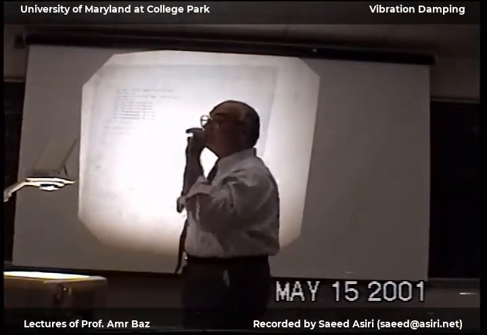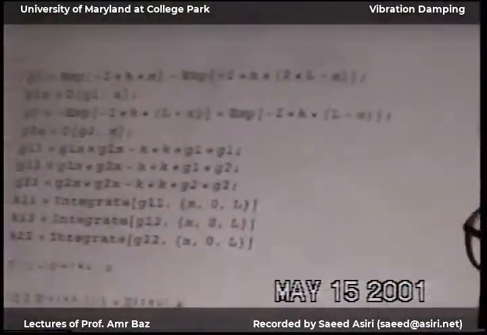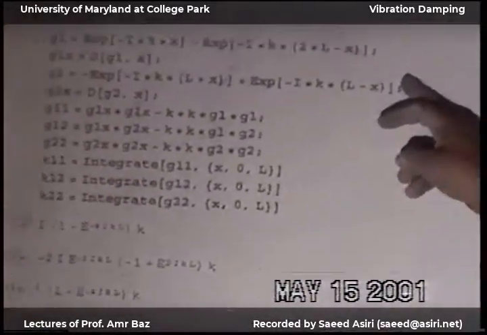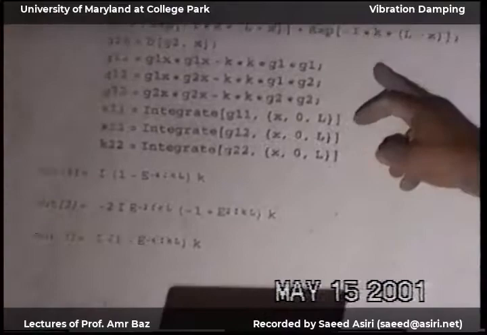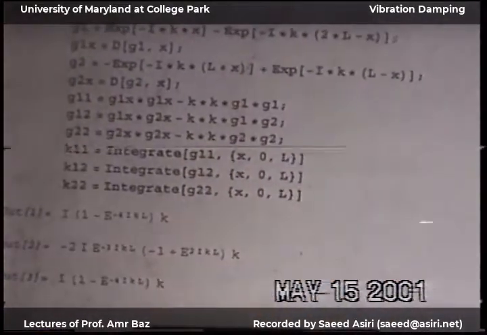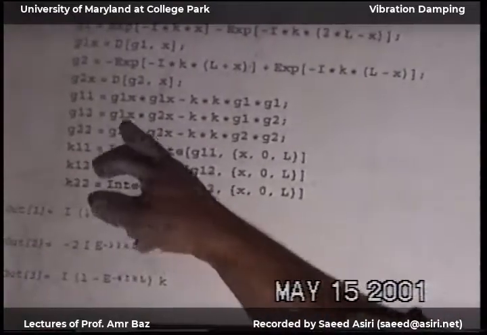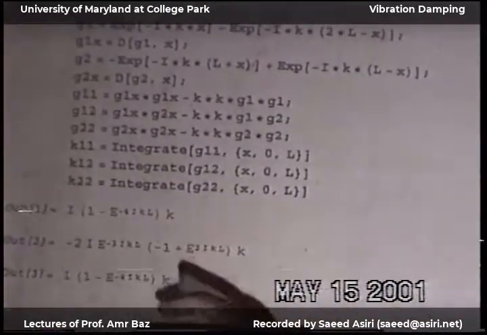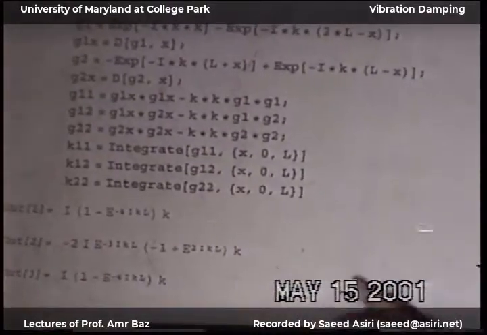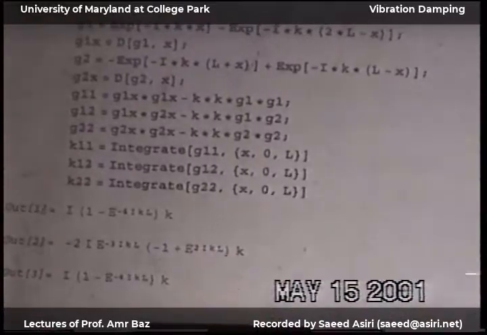This is the Mathematica program, for example. I put here the description of G1 and G2 and their differentiation, so I can calculate the first term, and then that's the result of this multiplication. This is the k squared term, and then we print the elements of the stiffness matrix.